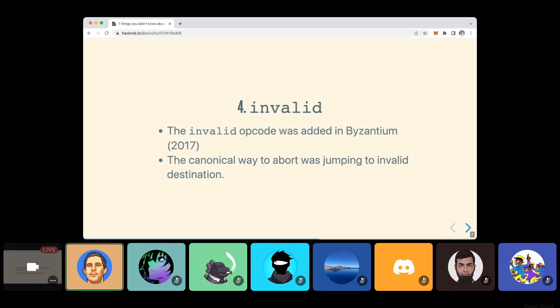And before this agreement took place, because of the nature of Ethereum, once you deploy a contract, that contract's supposed to live forever.